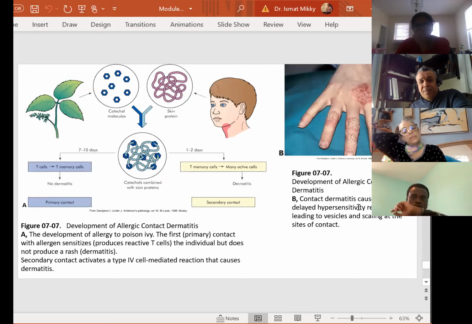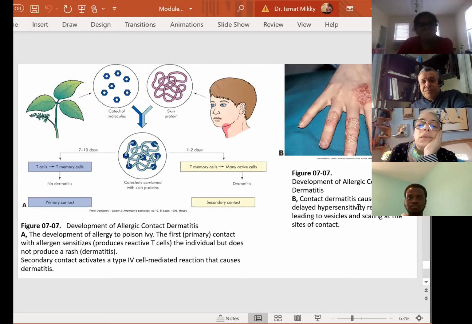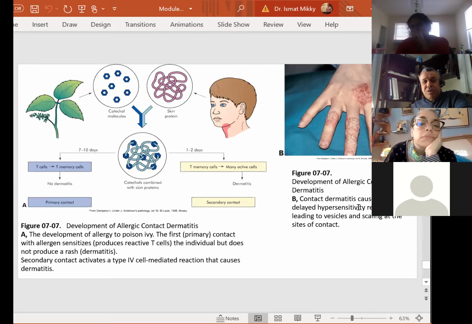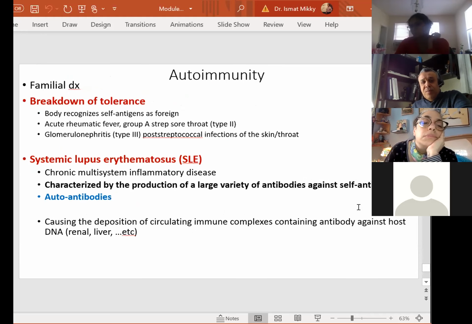Contact dermatitis. It shows here the first exposure and second exposure. Autoimmunity, which is, in other words, that it will result in autoimmune disease.